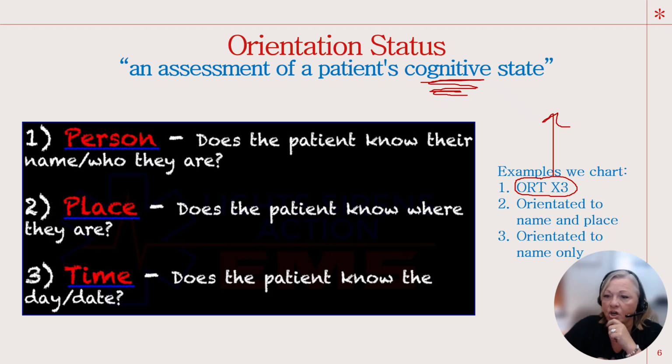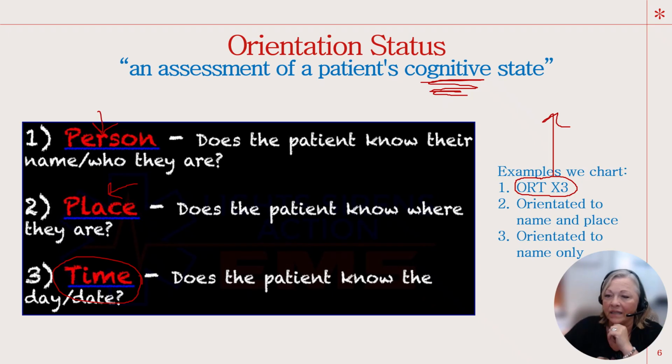So under cognition status, under where orientation is, let's just say they knew their name and they knew the city, but they had no idea the day, the month, the season, they just didn't know. Then we are going to say that she is orientated to name and place.